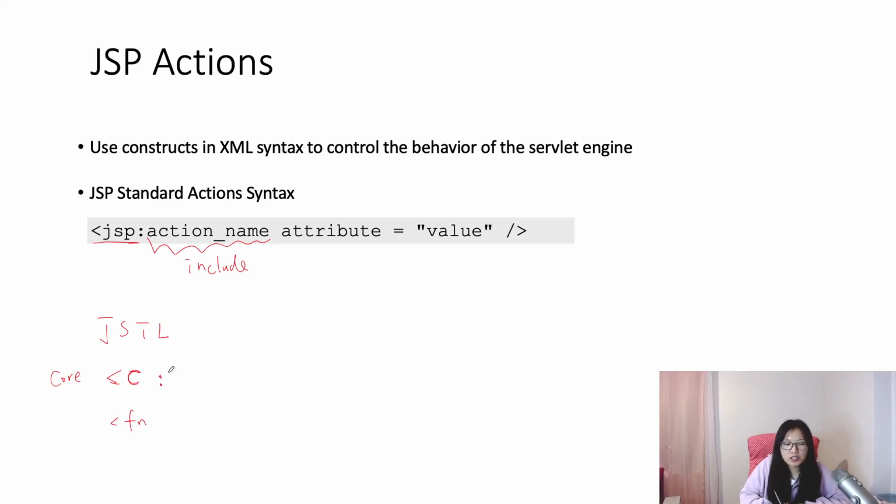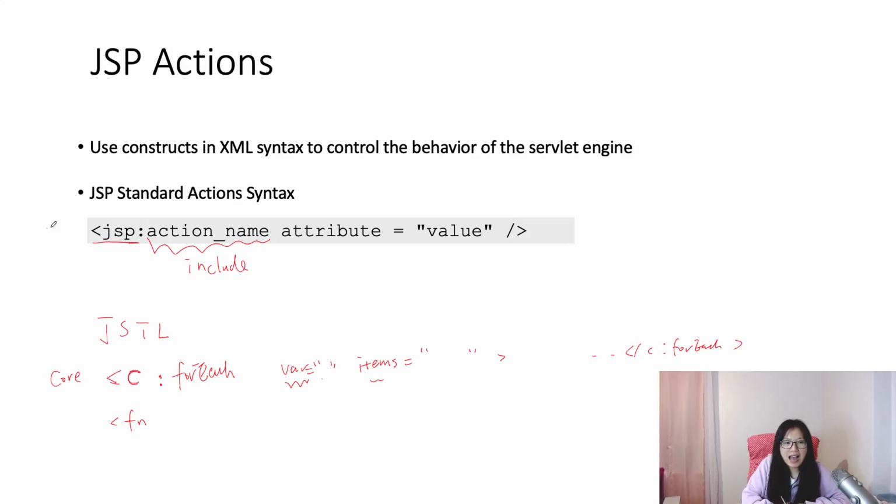Like this one, c:forEach, with var and items, attribute equals value, and more. So very similar, right?